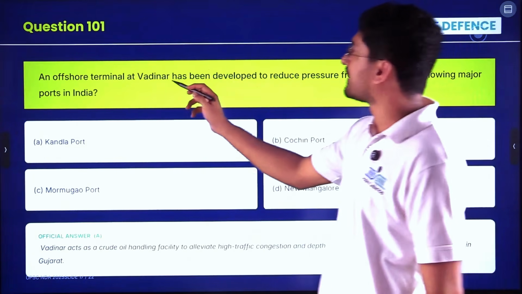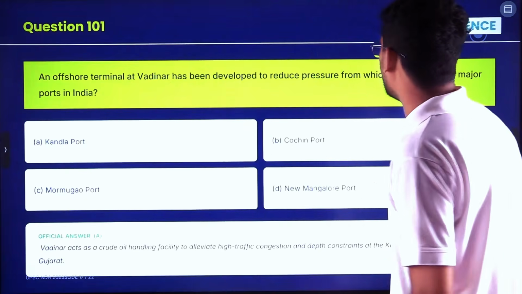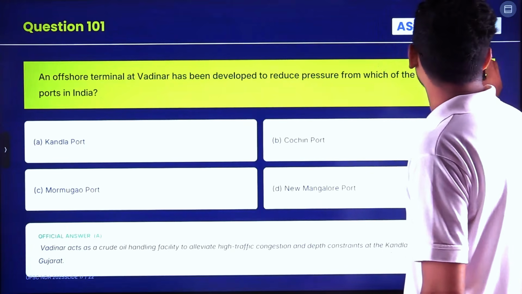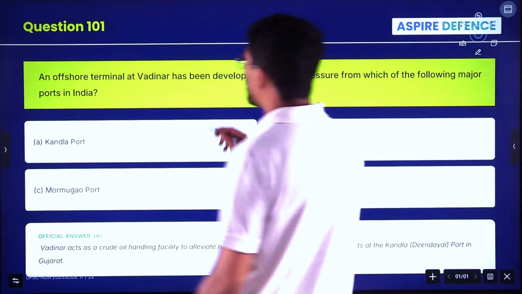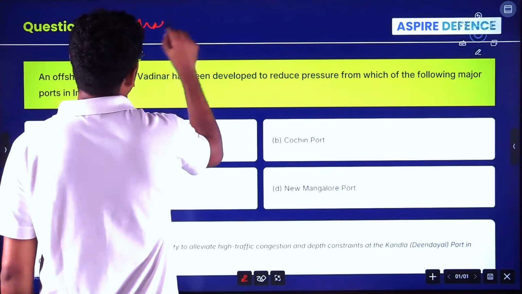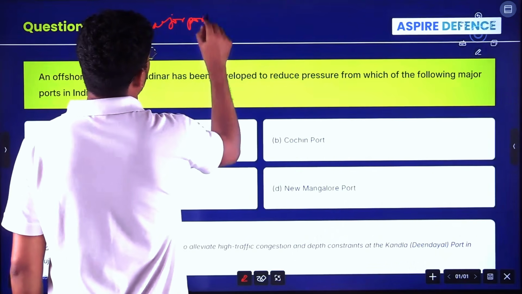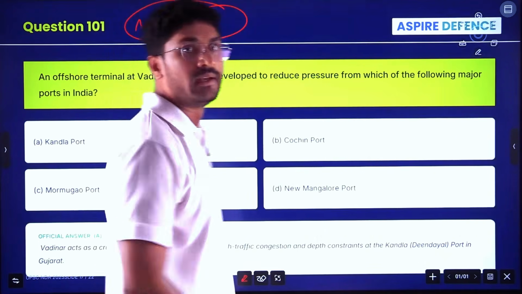An offshore terminal at Vadinar has been developed to reduce pressure from which of the following major ports in India? First of all, you have to know about major ports. How many major ports are there in India?